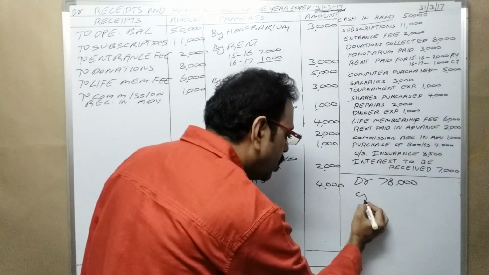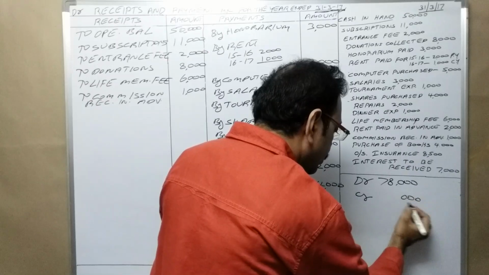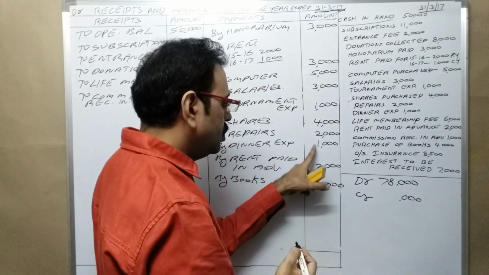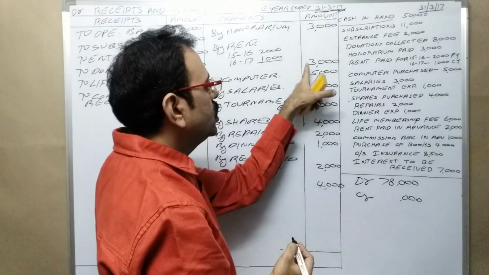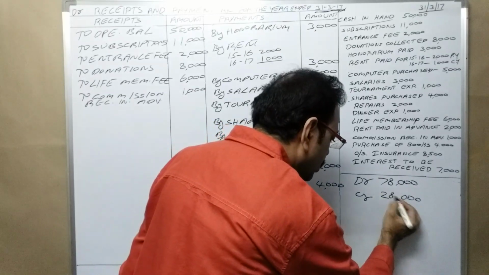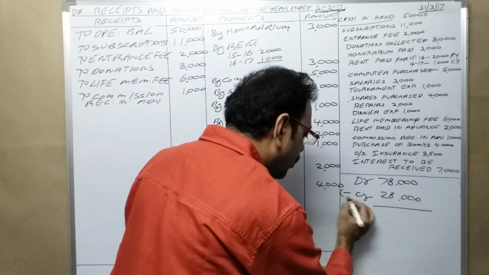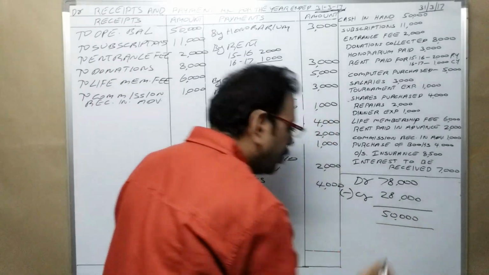And the credit side total is 6, 7, 8, 9, 10, 14, 17, 20, 28,000 rupees. Then the difference is 50,000 rupees.